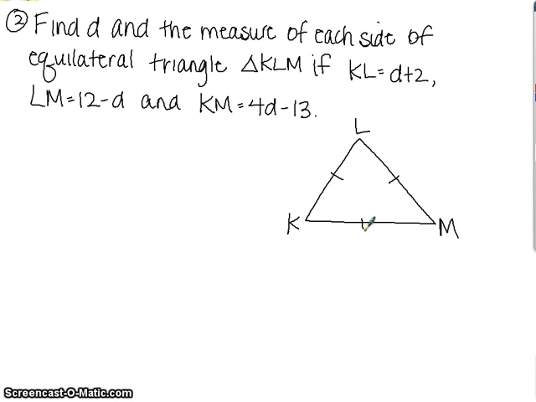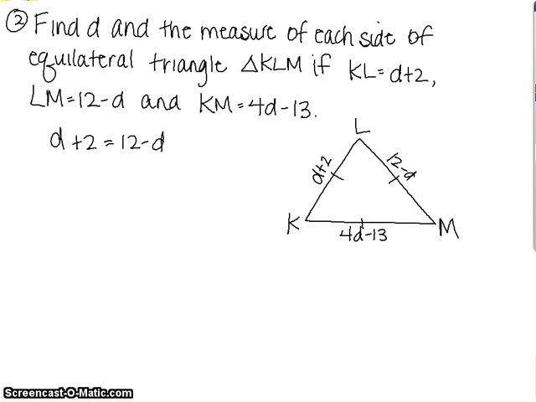So KL is D plus 2, LM is 12 minus D, and KM is 4D minus 13. Because this is equilateral, technically we should be able to set any two of these equal to each other to find D. Let's just pick D plus 2 equals 12 minus D. Those are the first two that we were given.